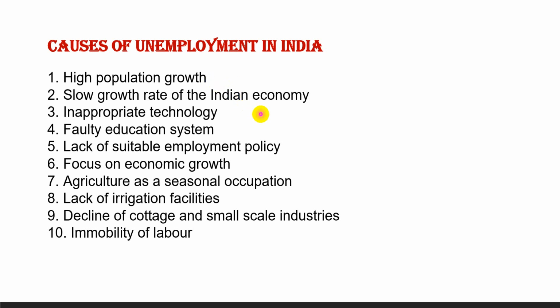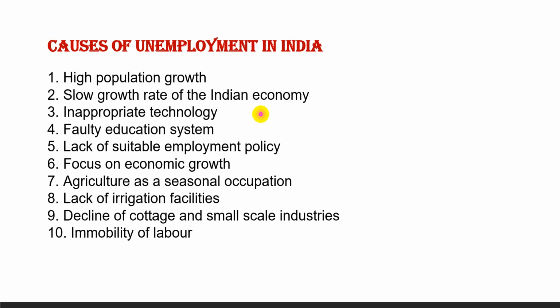Slow growth rate. The Indian economy has grown at a very slow rate, at least up to the Ninth Plan, that is, 1950 to 2002, the Ninth Plan being 1997 to 2002.